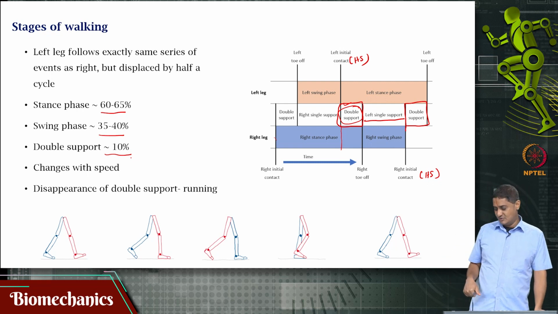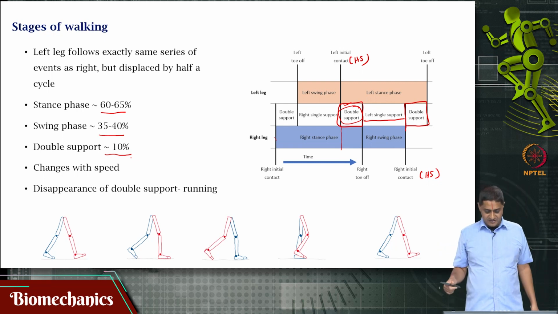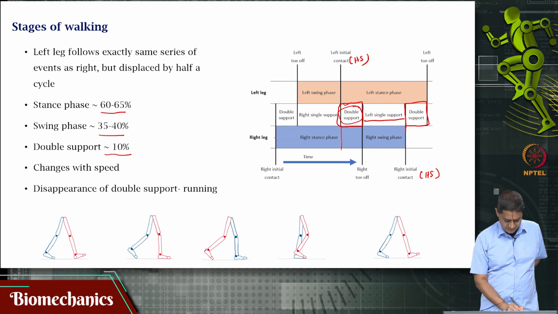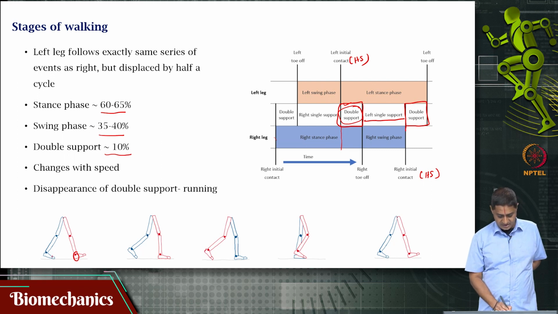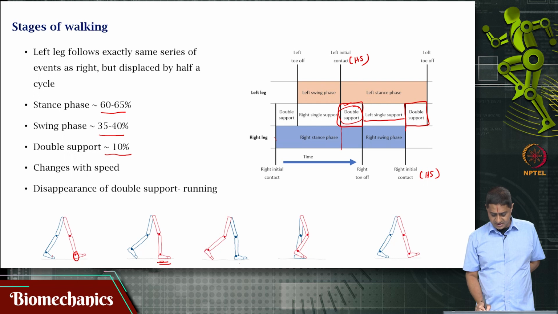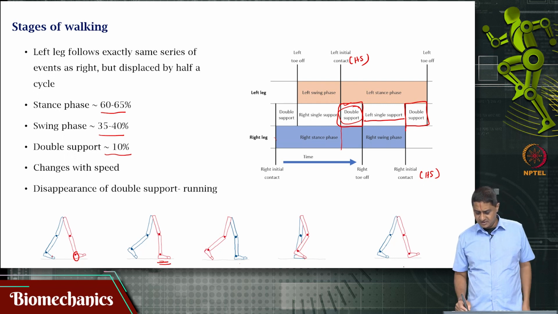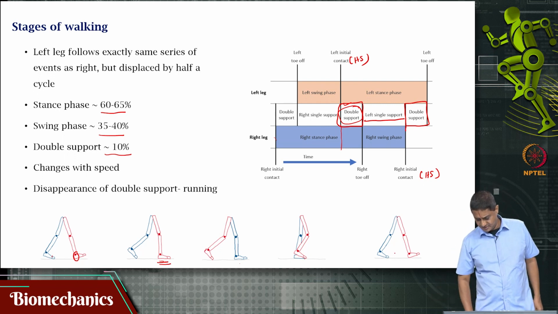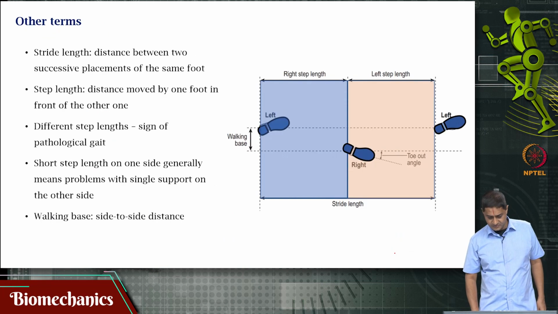Check that out, you will understand better what I am saying when you check it out. So, for example, when the right leg is striking the heel, there is toe off here, and then there is foot flat, and then there is toe off, then this follows, this cycle continues.